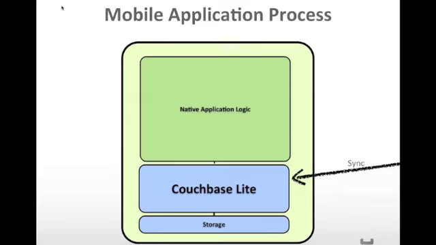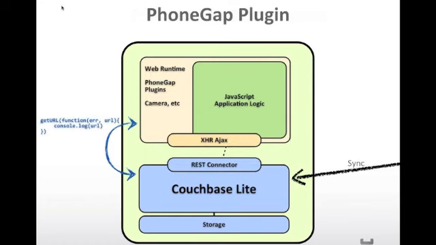Your basic app is going to have all in the same memory space Couchbase Lite embedded into the same code as your native application logic, and then we're going to use whatever the native storage is on the device. It's just a regular embedded database, and you're calling to it directly with APIs like we saw in that iOS example a second ago.